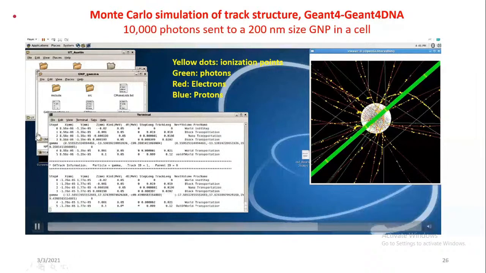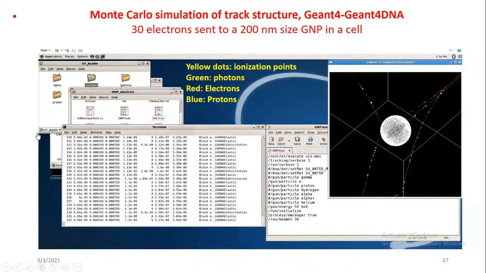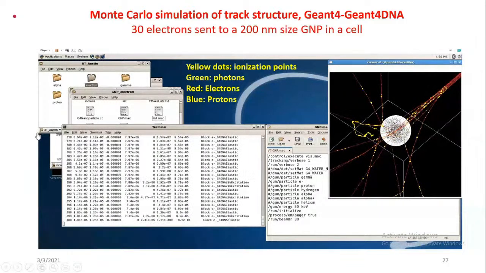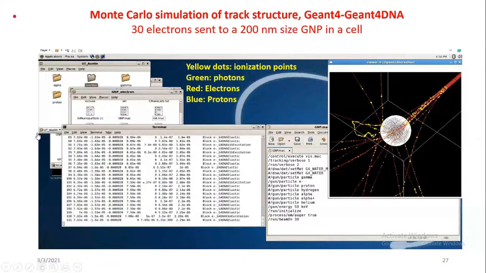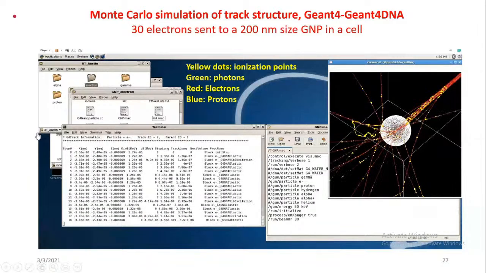Okay. In the next video, I show the track structures of the electrons, and you can see the difference. The electrons are in red. As shown, all electrons interact with the cell from entrance, in addition to gold nanoparticles, in a discrete set of ionizations.